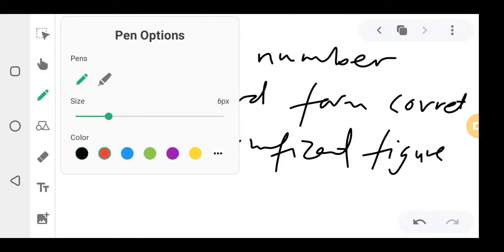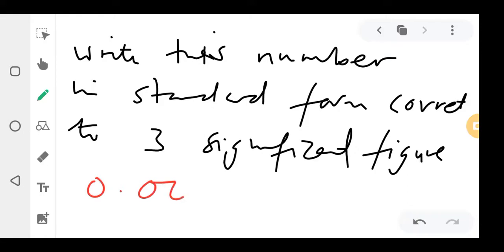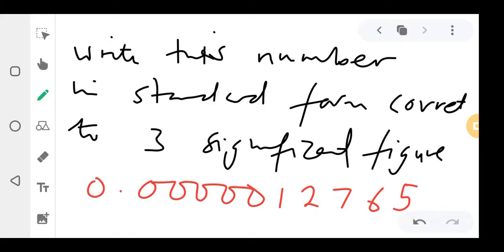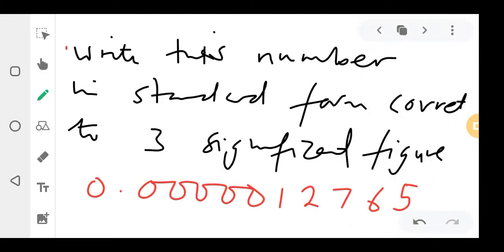What number is it? 0.00000127665. That's the number you're supposed to write in standard form. That's question 1, guys.